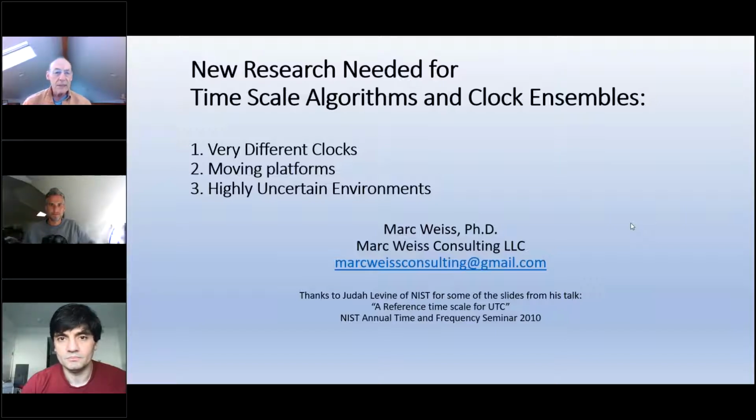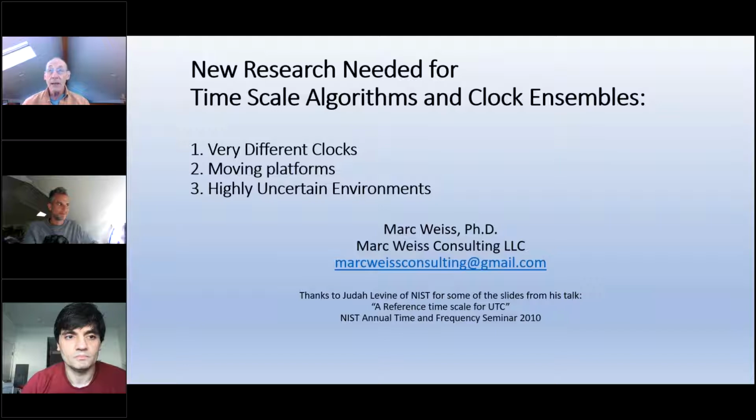The basic idea is that there are these things called timescale algorithms that have been used in national labs such as NIST for decades now. And they're successful, they do very cool things. But there's new research needed because when they're used in a national lab, imagine this room full of clocks and a measurement system and computers, and they are sitting there stationary, hardwired into a measurement system, and the clocks are relatively similar.